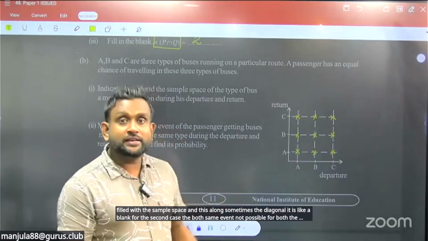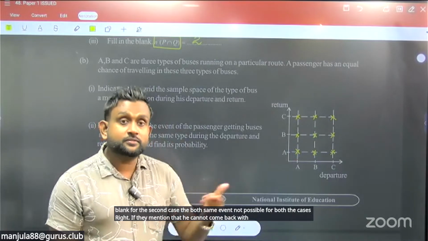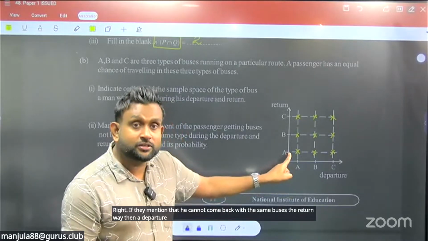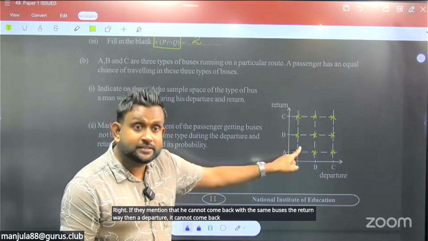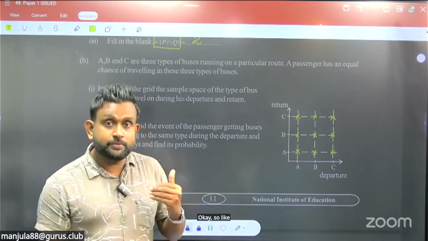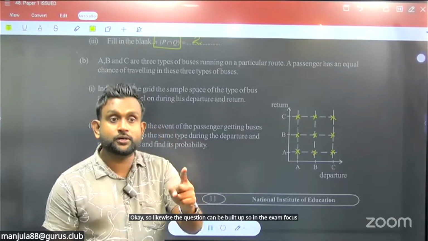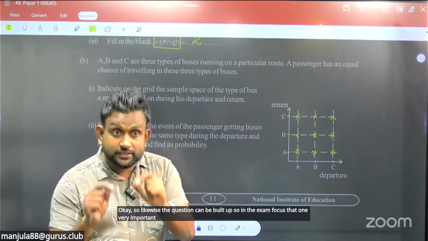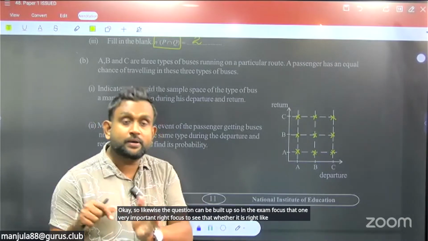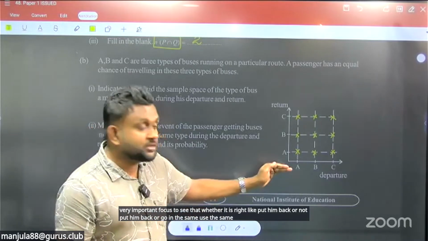If they mention that he cannot come back on the return with the same bus, then if A is the departure, it cannot be A on the return, so this is blank. Likewise, the question can be built up. So in the exam, focus on that, very important, right? Focus on whether it is put back or not put back, or using the same person, like captain and vice captain.